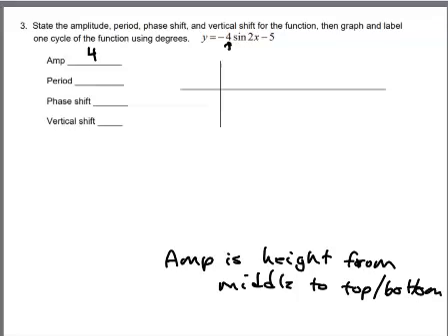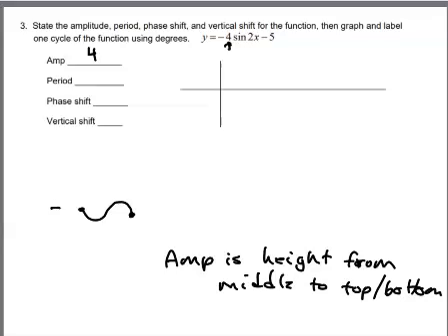I'll emphasize that when we draw it. But the amplitude is just positive 4. The negative just means that the shape is going to be an upside down cosine. Instead of a hill and a hole, it's going to be a hole and then a hill.